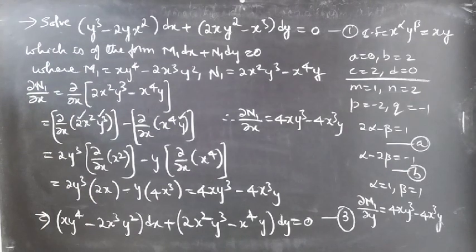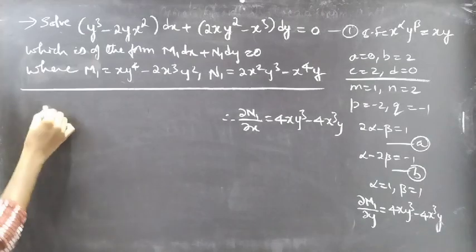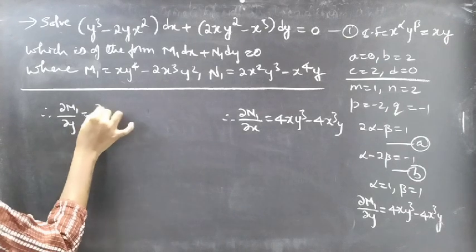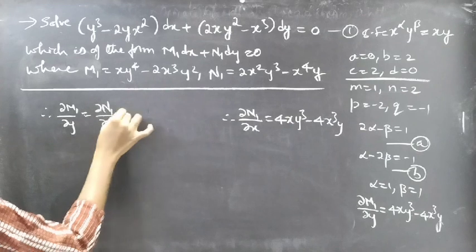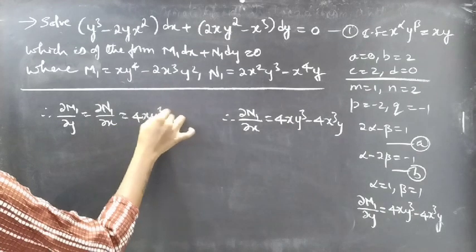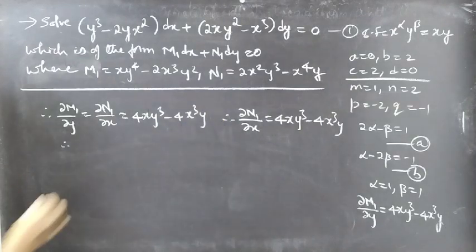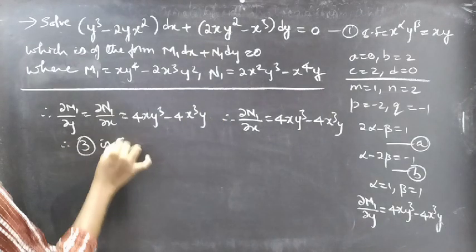So from this we can say that partial derivative of M1 with respect to y equals partial derivative of N1 with respect to x, and the reduced equation is exact. Therefore, both are equal to 4xy cube minus 4x cube y. Therefore, the reduced equation, equation 3, is exact.